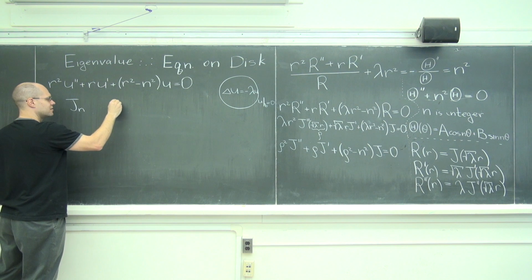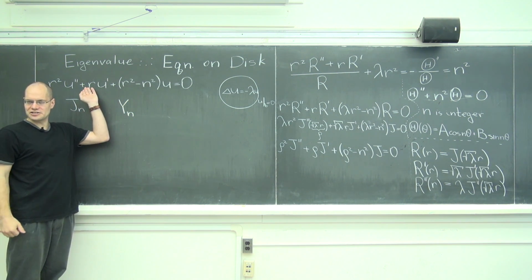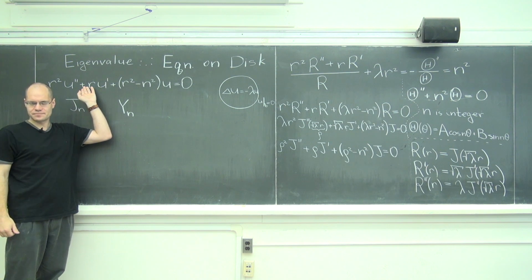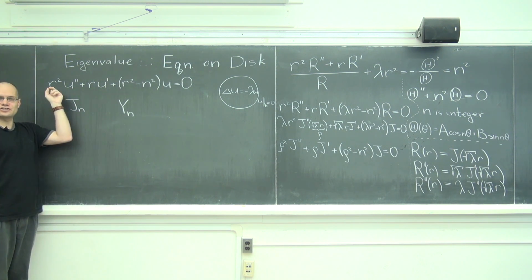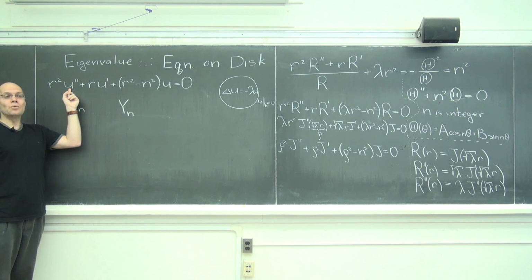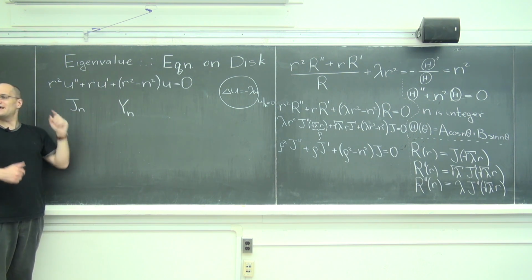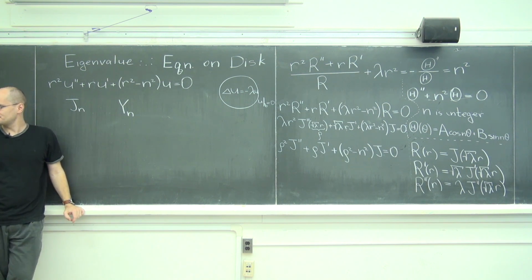This equation has a serious problem. And that's this coefficient of r squared multiplying the highest derivative. Whenever you have something multiplying the highest derivative that equals 0 at a point, and this equals 0 at r equals 0, you're guaranteed to have a problem there.